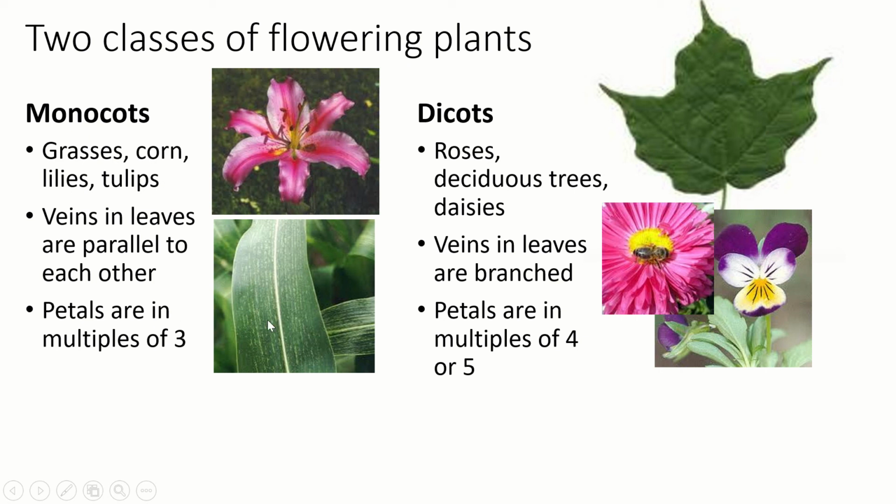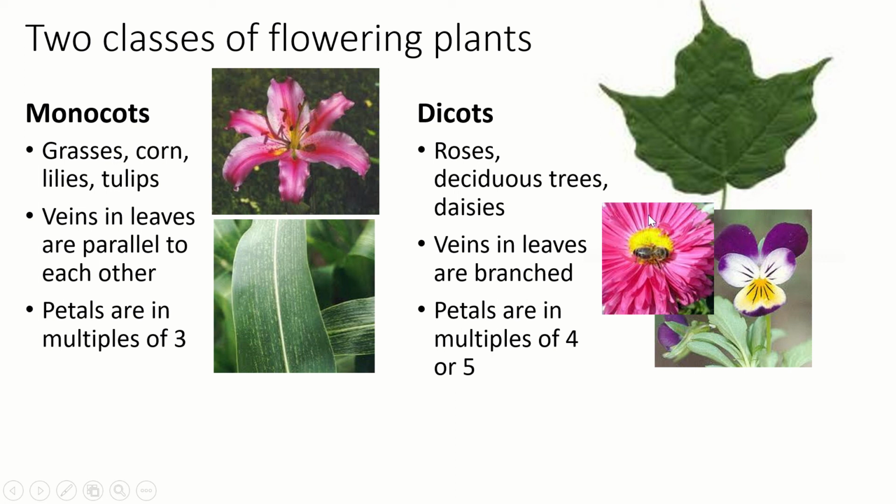The way you distinguish them is that you look at the leaves, and the veins in the leaves are parallel to each other. Don't say that the leaves are parallel. It's the veins in the leaves that are parallel. The petals in monocots are in groups of three, multiples of three. So here's 3 petals here, and then these 3 outer petals here, which are not actually petals, but I'll come back to that. If something has more than 6 petals, it's a dicot.